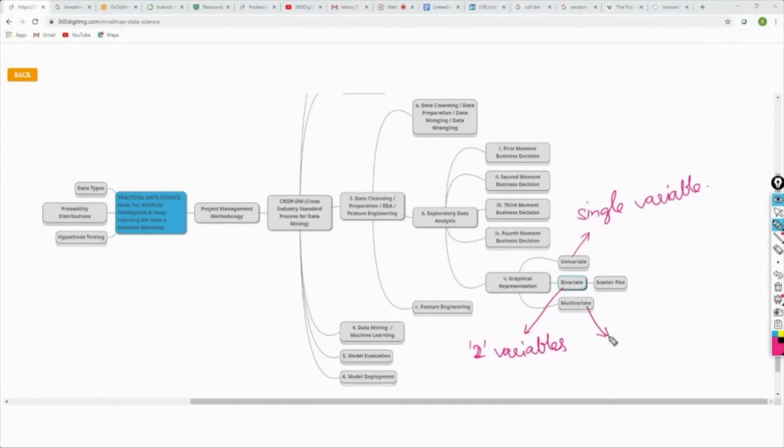Multivariate means you perform analysis on multiple variables. So if you have greater than two variables and you analyze that, it is called multivariate analysis. Of course, multivariate analysis would be part of our full-blown training. For this free session, we will discuss bivariate analysis, in which we would discuss scatter plot.